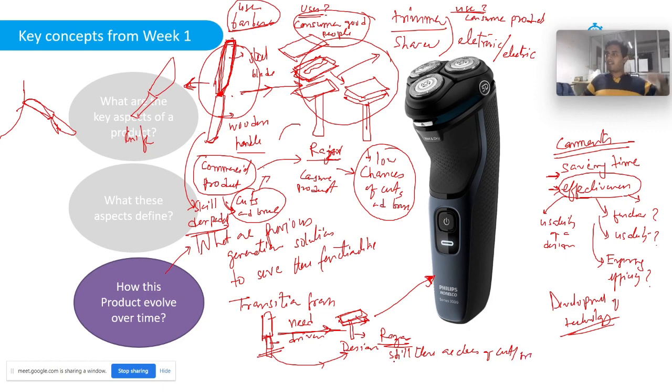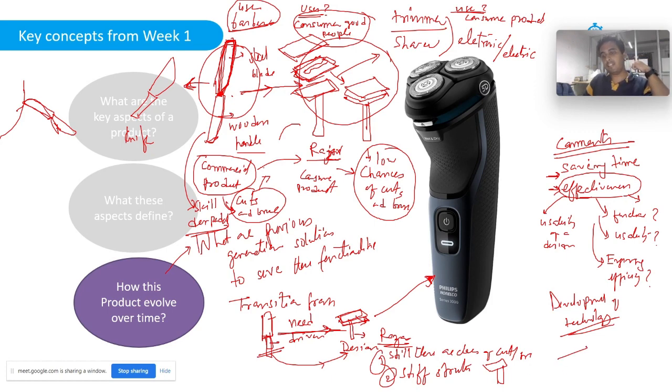Another factor is that since it's a stiff structure, it is difficult to cut all the corners of your face. To access a particular portion of your face, you need to tilt the orientation of the razor.